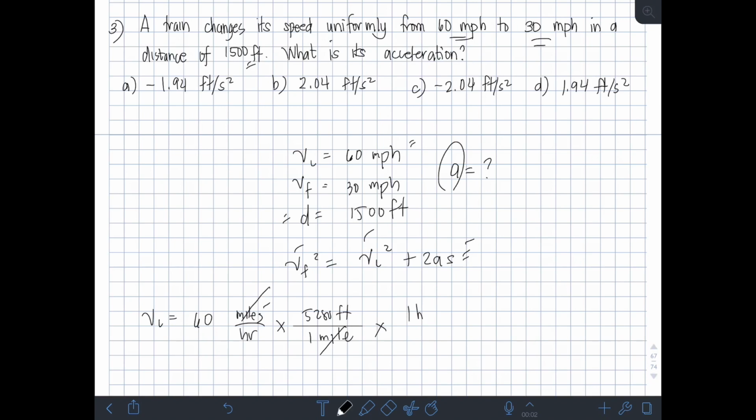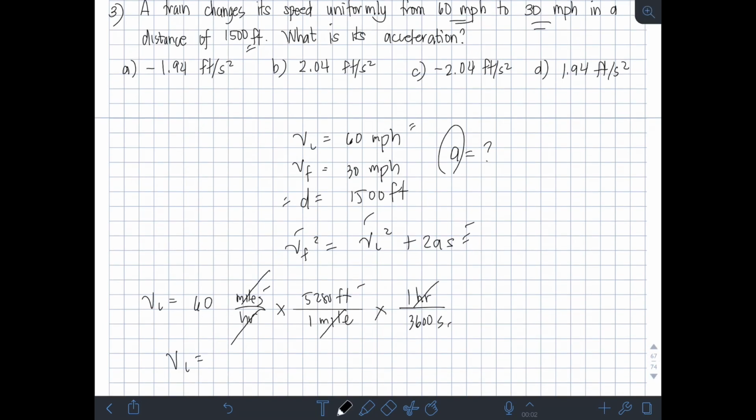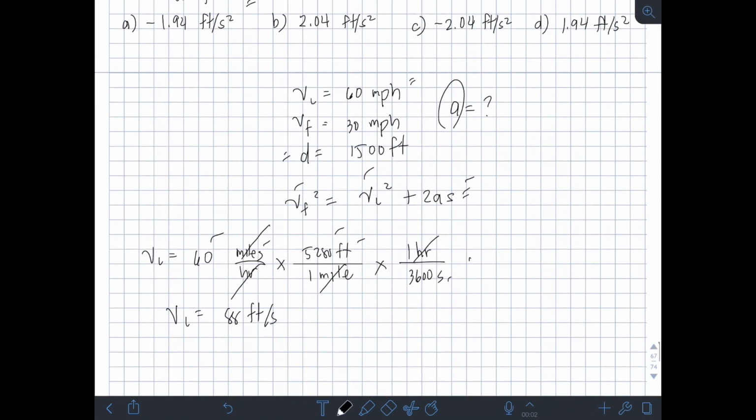So, therefore, meron tayong 1 hour over ilang seconds meron sa 1 hour. 3,600 seconds para ma-cancel yung hour. Ang unit na natin is feet per second. Okay? So, therefore, VI is equal to, multiply lang natin, 60 times 5,280 divided by 3,600 is 88 feet per second.